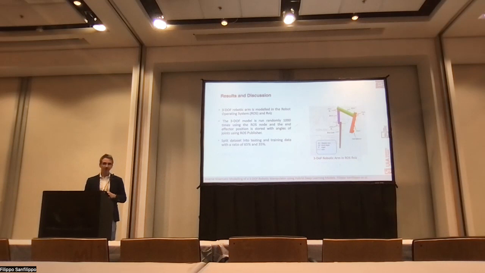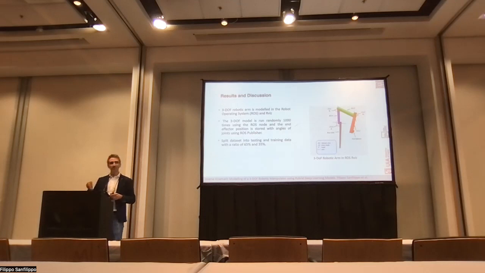We have already mentioned the idea is to randomly move the robotic arm inside our simulator to generate our database of points. And here, particularly, we are using the Robot Operating System, or ROS, and the connected simulation environment that is called Gazebo.